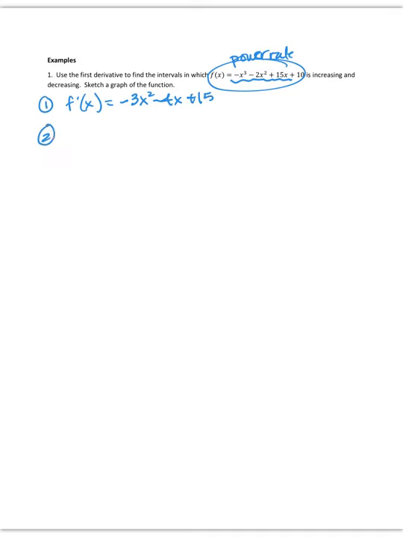So for number 2, that is where you're going to see change in the function. So we have our derivative, and in order to find those, we need to set it equal to 0 and solve. If you notice, this is a quadratic, which we would factor.